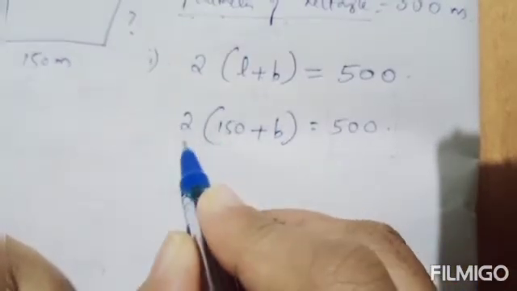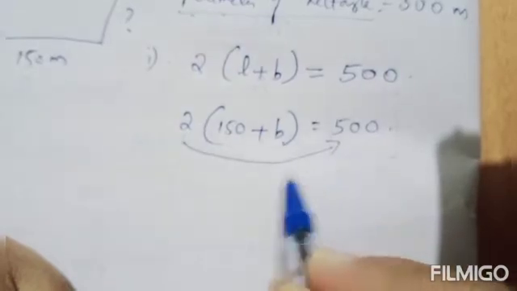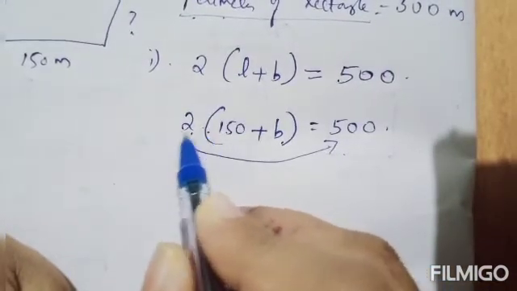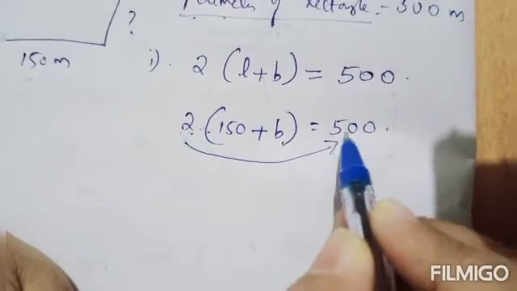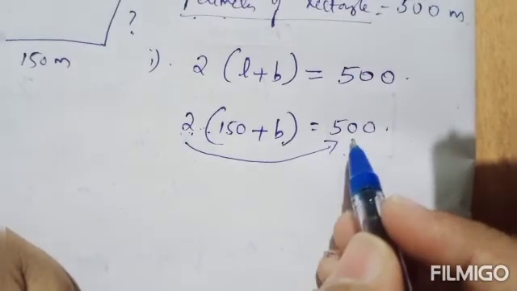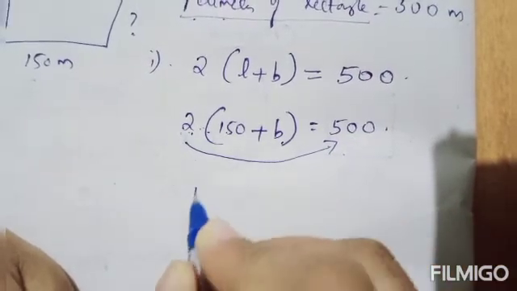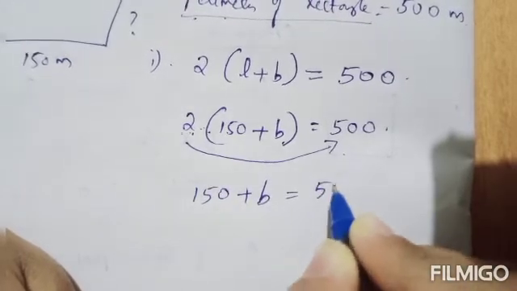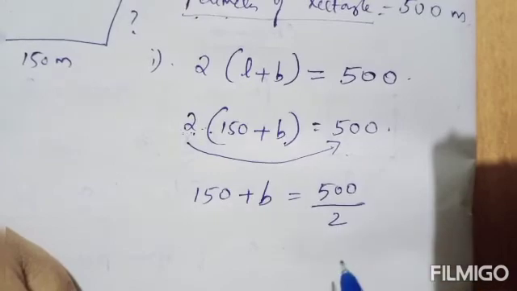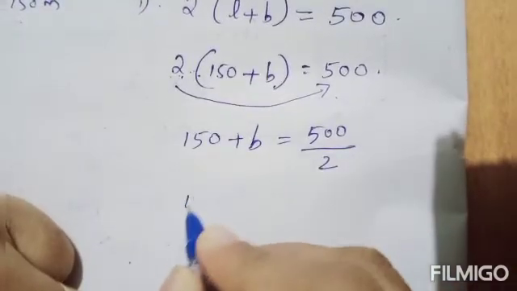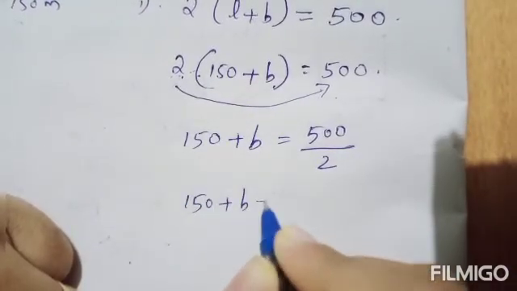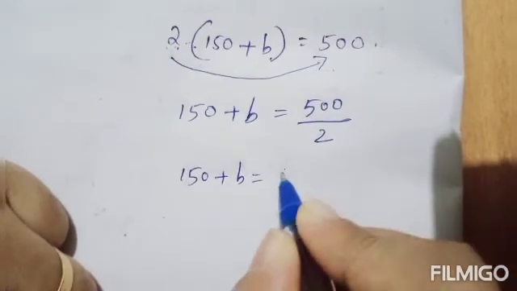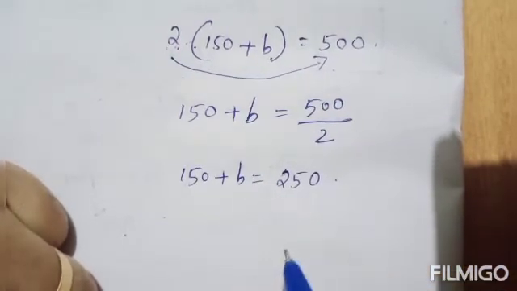Okay. First, the 2 you can take to the other side. Here it is multiplication by 2, so on taking it to the other side it will be divided by 2. So 150 plus B equal to 500 divided by 2, that is 150 plus B equal to 500 by 2, which is 250.